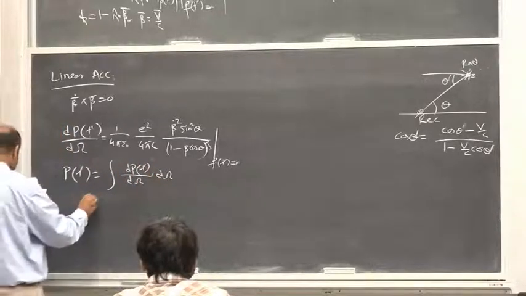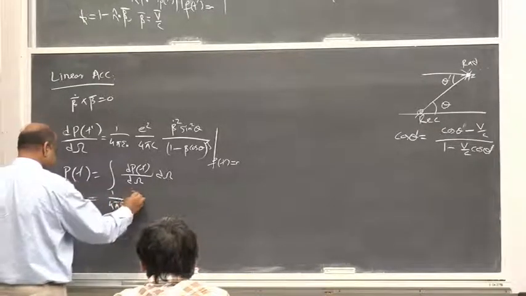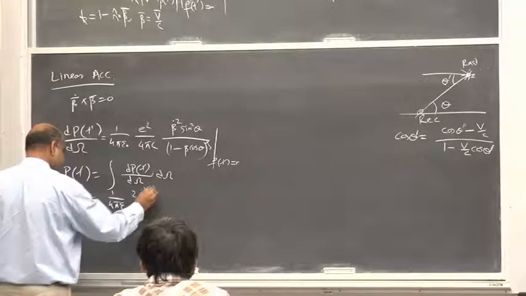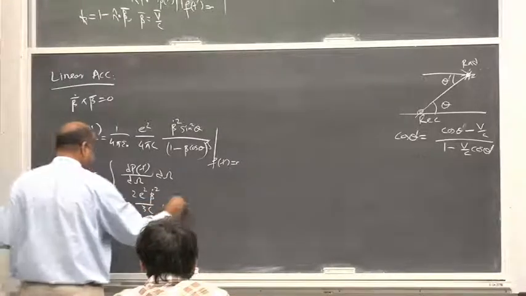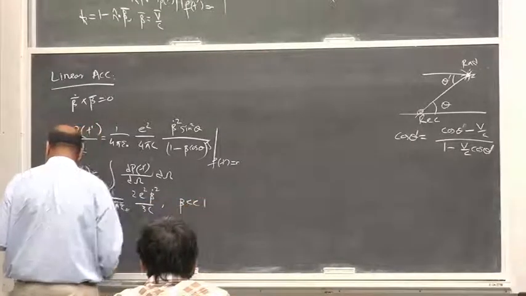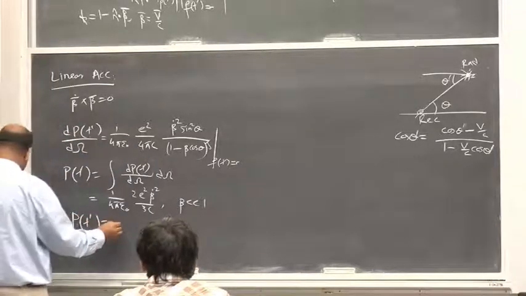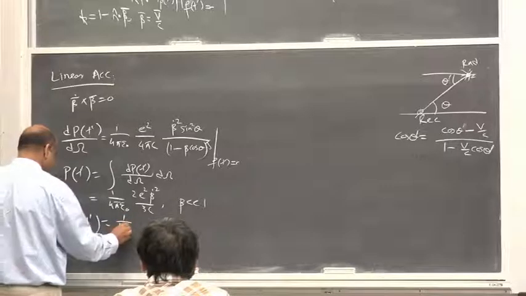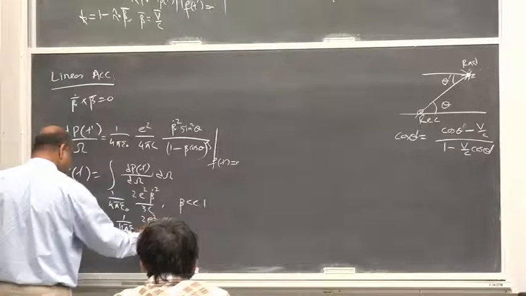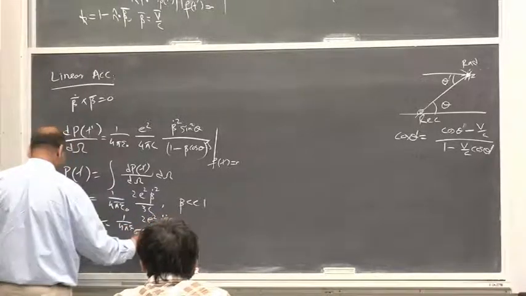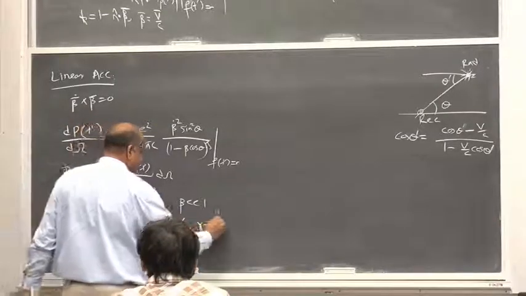We found it to be this when beta is small. And for a general case, this is where gamma is 1 over 1 minus beta squared.